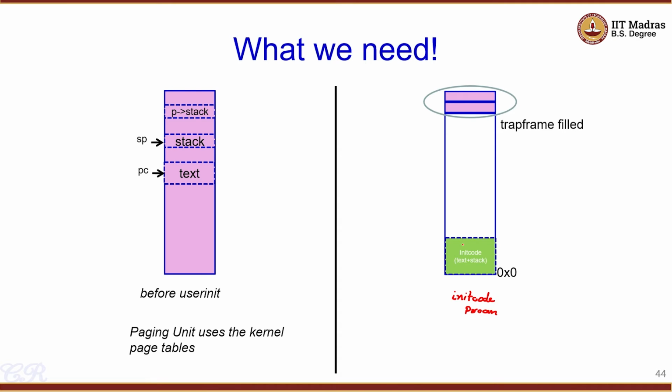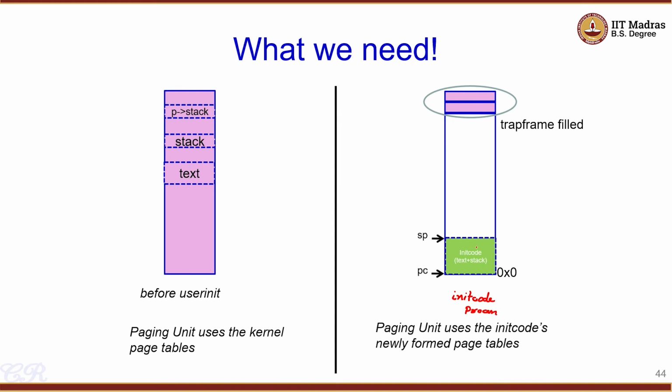First, in no specific order, we need to change the program counter and stack pointer from the kernel space into the user's virtual address space. Specifically, the program counter should be set to 0, and the stack pointer should be set to 4 kilobytes so that it grows downwards. Second, we need to move the mode of operation from the supervisor mode into the user mode.